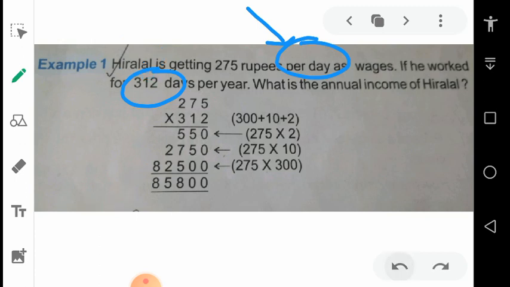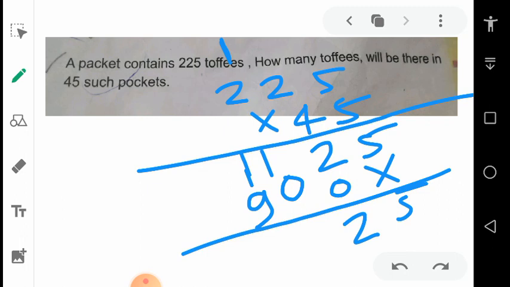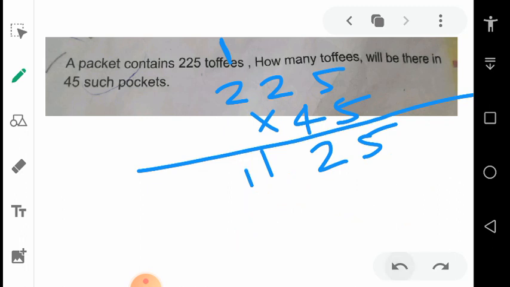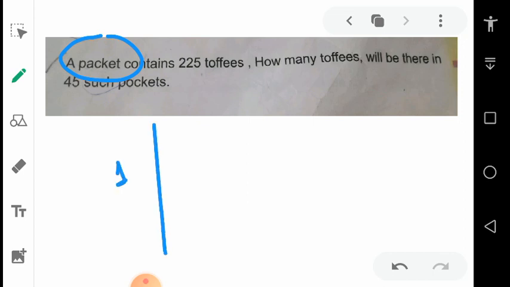Next, again the information is given for one and asked for many. You can see the number of toffees in one box or packet. It is given about one and asked about many, that is 45. So we will multiply and you will obtain the answers.